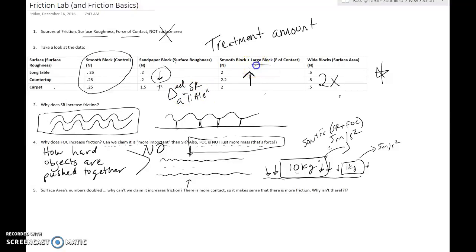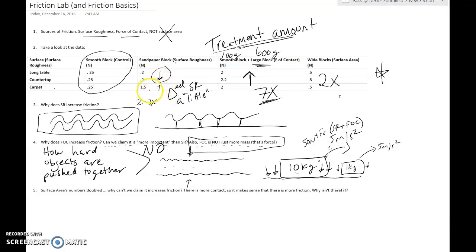When we added on that large block, we added on a large block that was about 600 grams, and the smooth block was 100 grams. So we went from 100 grams to 700 grams. We changed the force of contact 7 times. So that means that the treatment amount here, the amount that we changed the independent variable, here might have been 2 to 3 times. And here, it was 7 times. So we changed the independent variable a lot more, so we should expect to see bigger numbers.